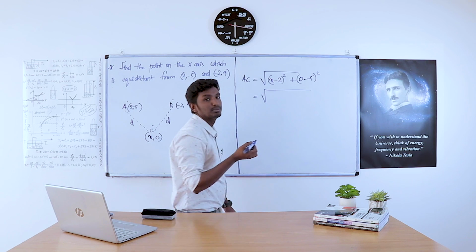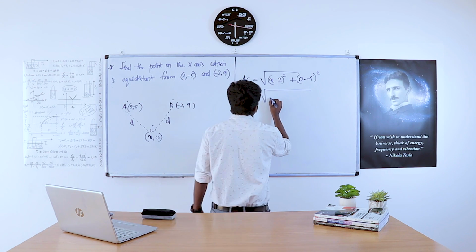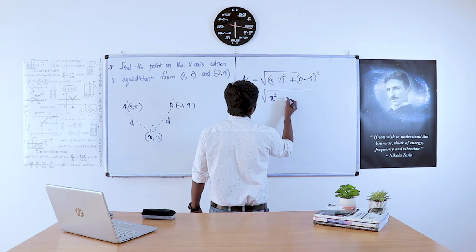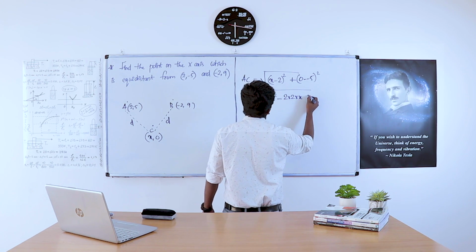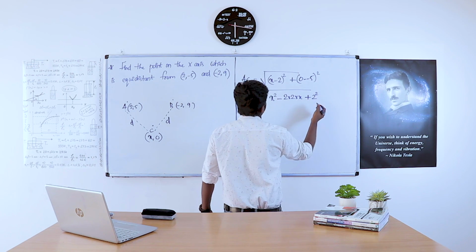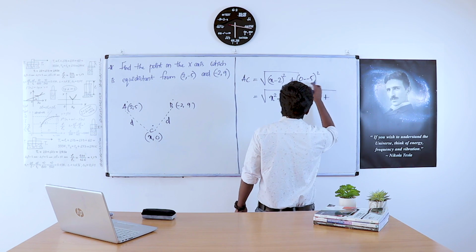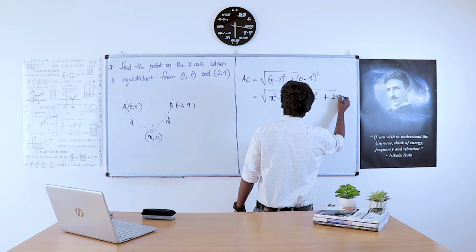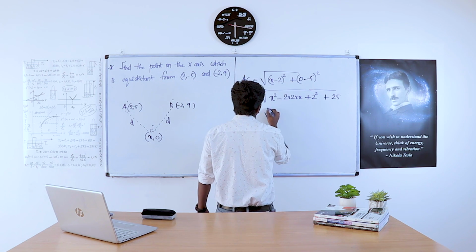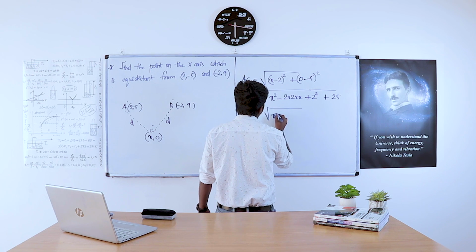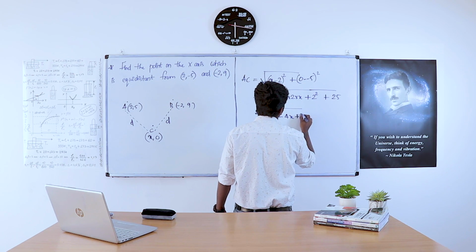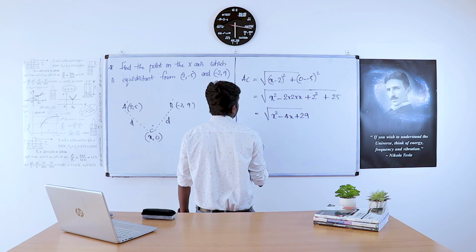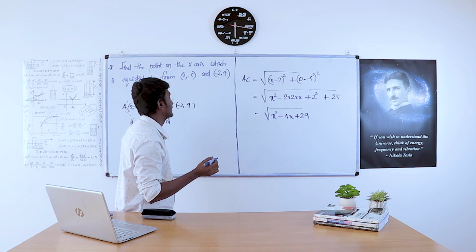We can open this by a minus b the whole square, that is a square minus 2ab plus b square, that is 2 square. Then plus what is 0 minus minus 5, it is plus 5, 5 square is 25. That is equal to root of x square minus 2 into 2, 4, 4x plus 2 square is 4, 4 plus 25 is 29. So we get AC as root of x square minus 4x plus 29.